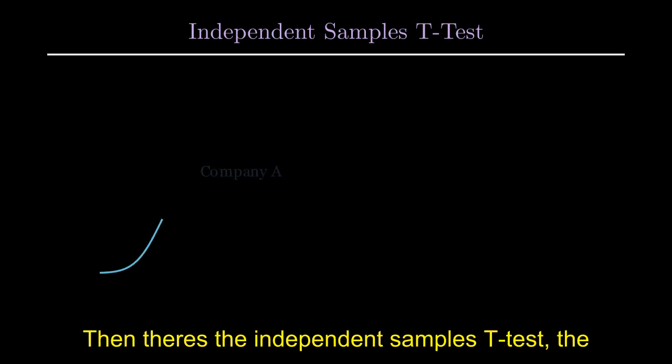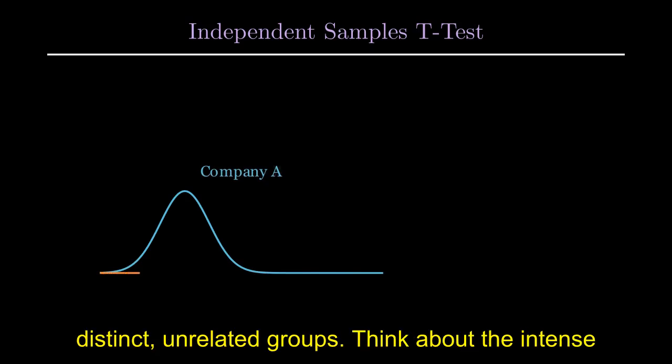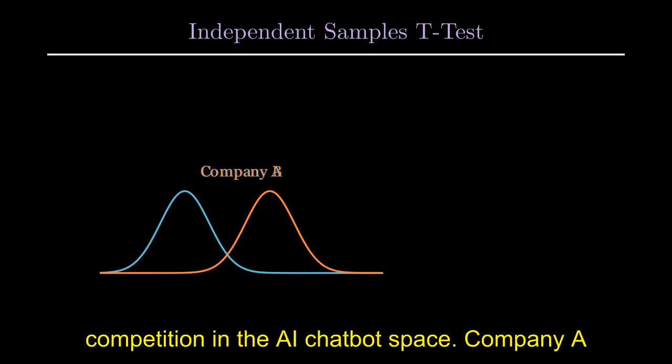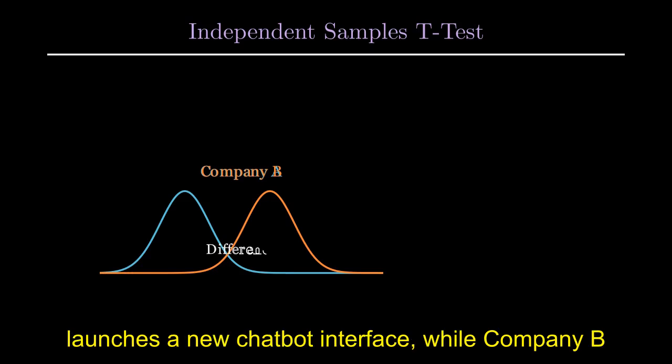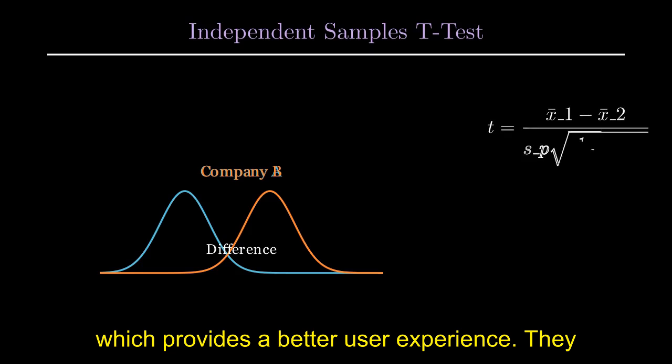Then there's the independent samples t-test, the workhorse for comparing the averages of two distinct, unrelated groups. Think about the intense competition in the AI chatbot space. Company A launches a new chatbot interface, while Company B sticks to its traditional design. Both want to know which provides a better user experience.